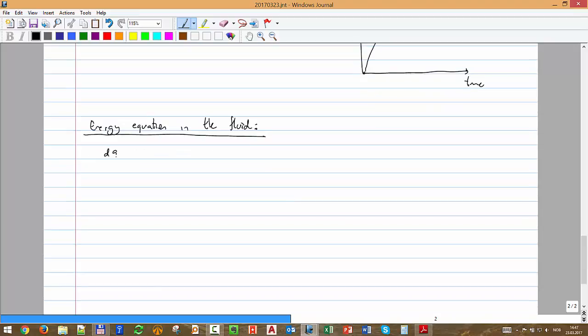That was dq, if you remember, from the first law for open systems, equal to the mass flow times some terms.